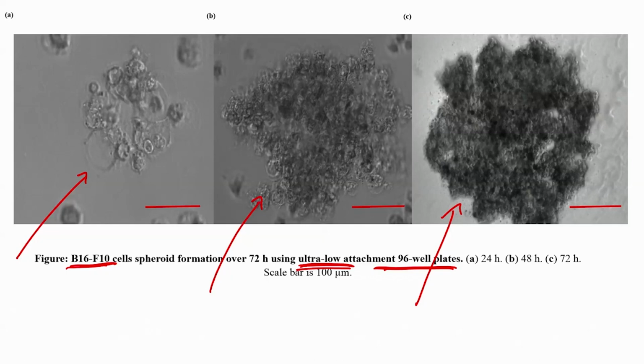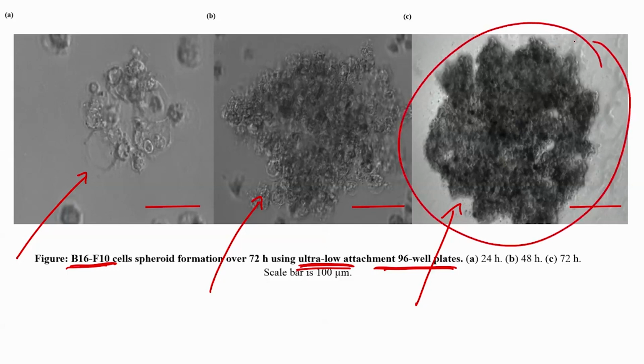We will be loading this spheroid in our device and evaluate the efficacy of our drug. That is why we are understanding how a spheroid looks when it is formed from the cells, how it is formed, how much time it takes, right. So, about 72 hours we can get a spheroid.